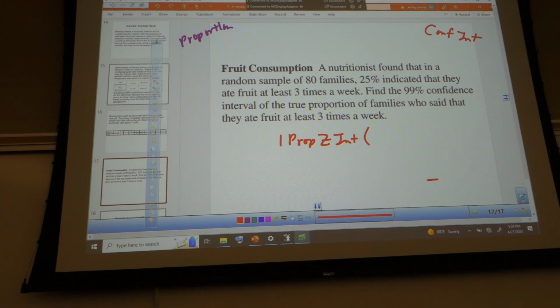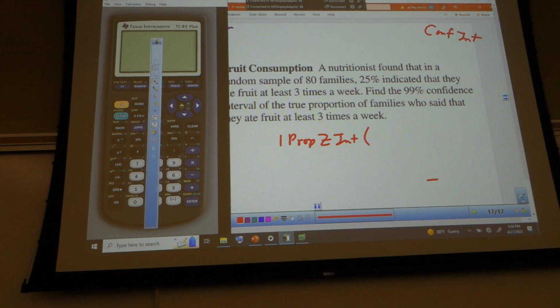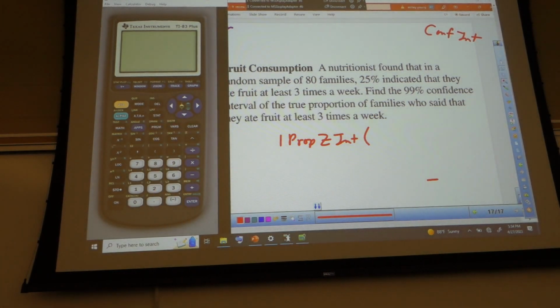And it wants me to put in, take a look at it. What's your p hat? Not 0.25 in that case? It should match up with the 25%. And it says, what's my x?